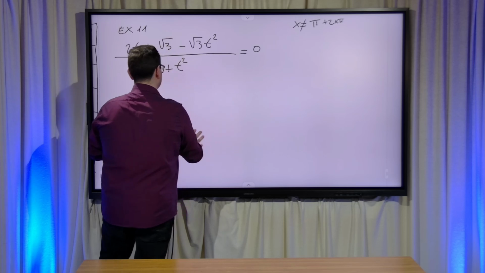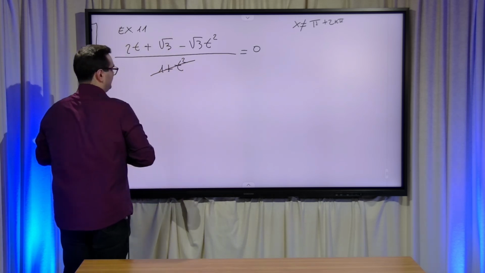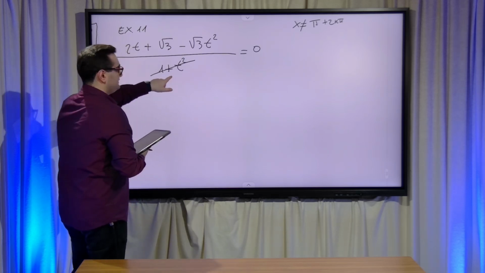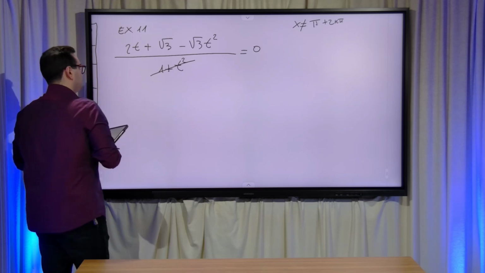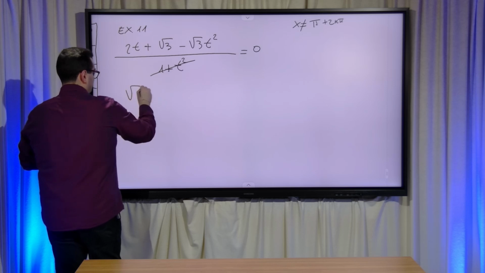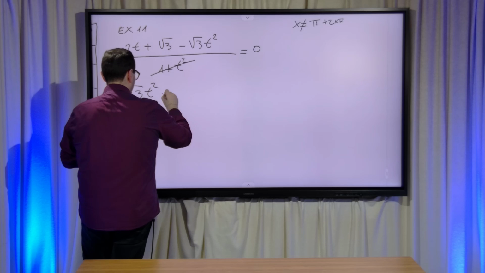From this, now here I can simplify this because this quantity is always greater than 0, so the division is possible. And I can rewrite that as a standard second order equation.